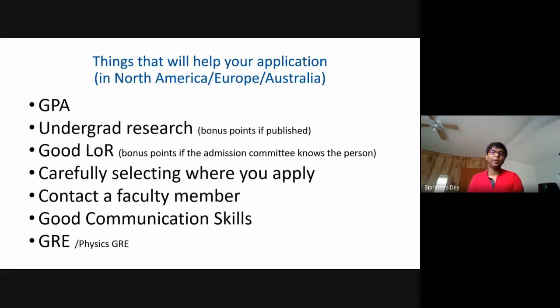So physics GRE should be low on your priority list, and there's a fair chance that when you're applying, the university won't even ask for a physics GRE. General GRE is also being phased out recently.